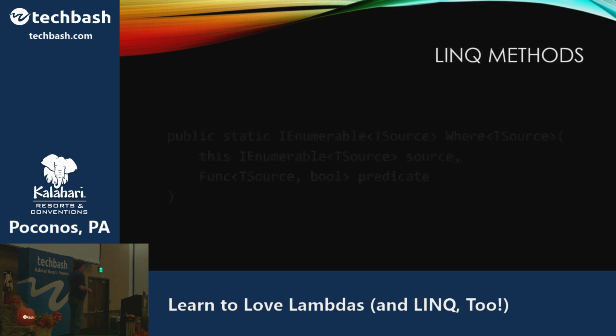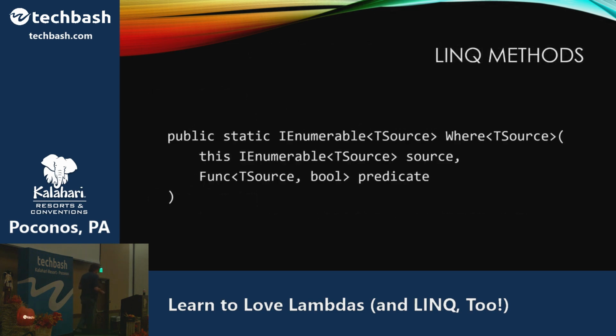Now, I just kind of want to do a quick review of how we did this where method and just kind of parse this one more time. So again, this is the method signature that we had. And again, what we're dealing with is IEnumerable. These methods all work on IEnumerable; in the case of where, it takes an IEnumerable and returns an IEnumerable. And again, because we have the generic type parameters, in our case, since we're dealing with person objects, we have an IEnumerable of person.